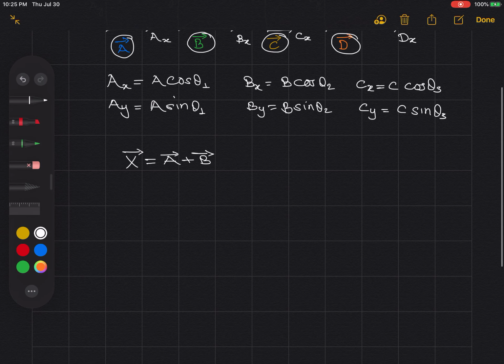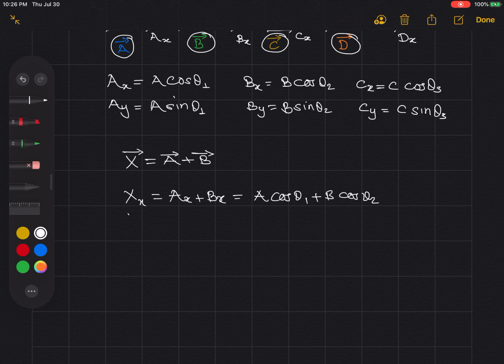Now the x component of vector x is given by the x component of a and the x component of b. So this gives me a cos theta 1 plus b cos theta 2.